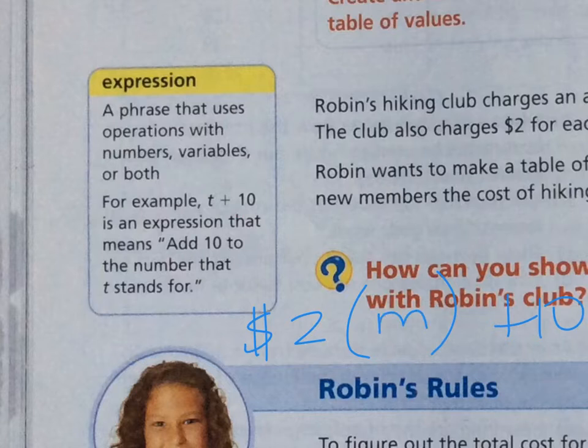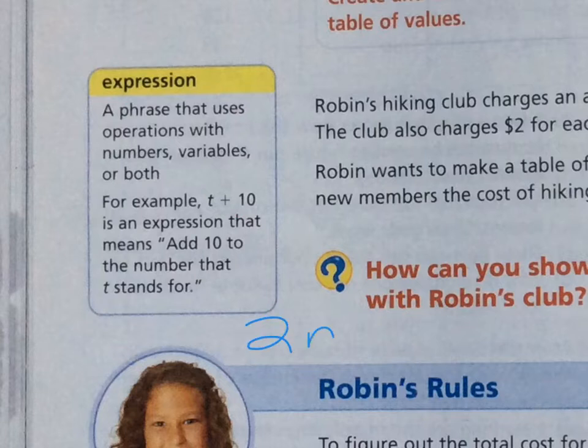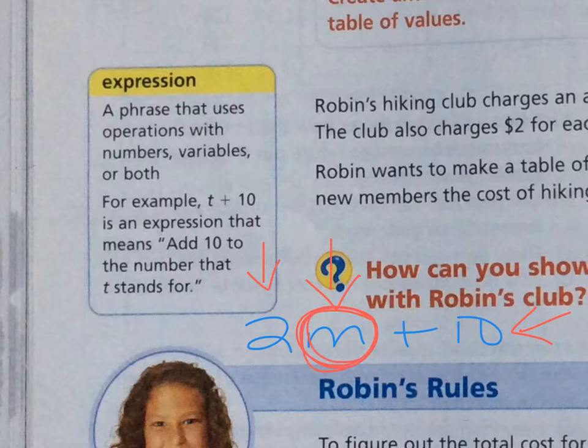So if we wrote an expression for that, it would be 2m plus 10, where $2 times the number of movies plus the $10 she already spent. So this m is the variable that will always change. If she went to watch 5 movies, for example, 5 movies times $2, plus 10.